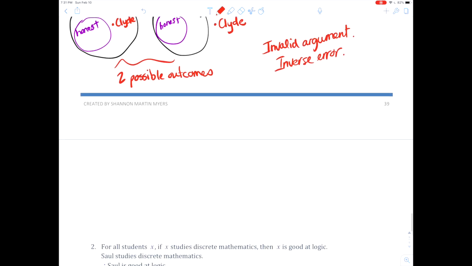Okay, now let's take a look. Oh, look at all that room I allowed myself. Let's take a look at number 2. For all students X, if X studies discrete math, then X is good at logic. Saul studies discrete math, therefore Saul is good at logic. So let's see what we have going on. So our big circle would be what?